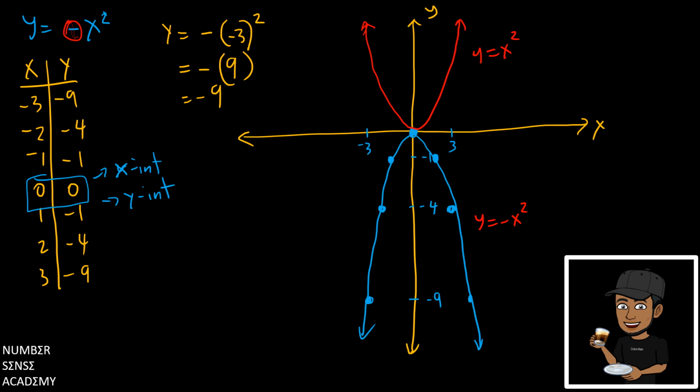And now, if I compare both graphs based on some of the stuff we said earlier, for this graph, we have a minimum, right? It's right here at 0, 0. But for the graph that's turned up, if you picture a mountain, you climb up one side, you go down the other. We have a maximum. The peak is a maximum.